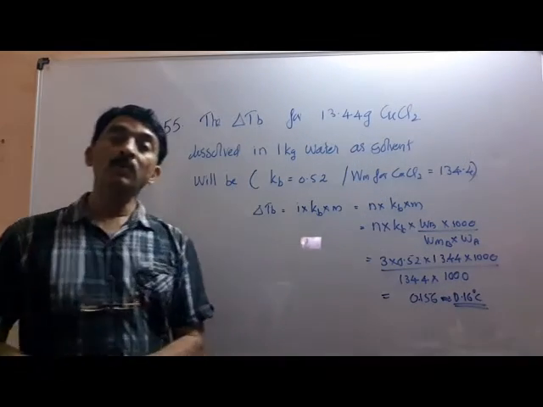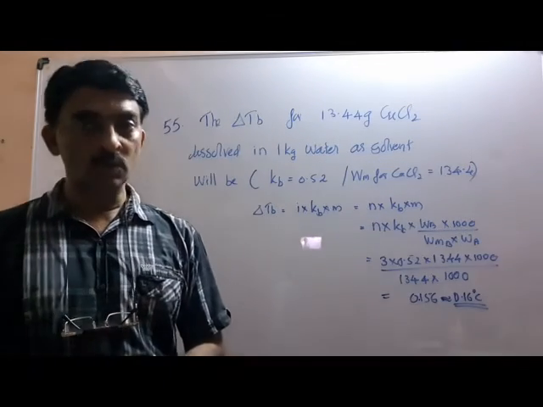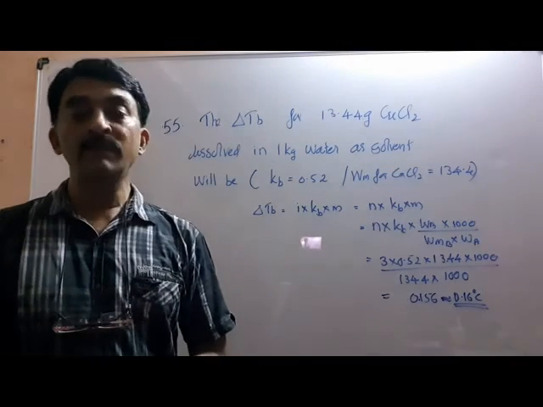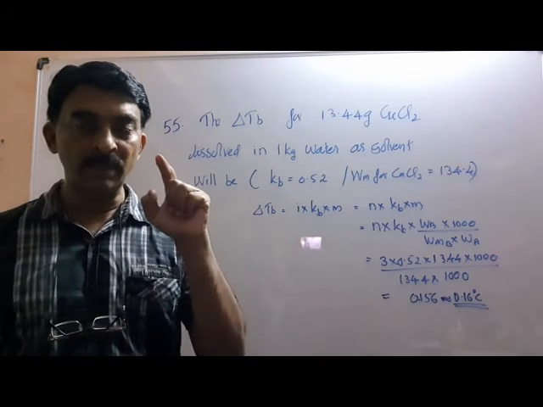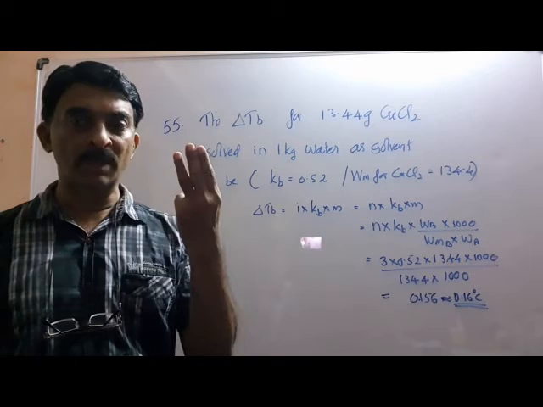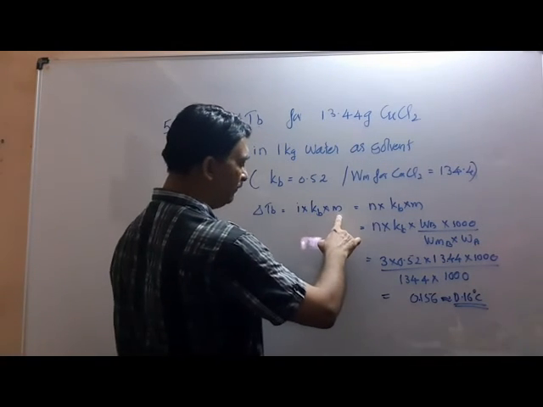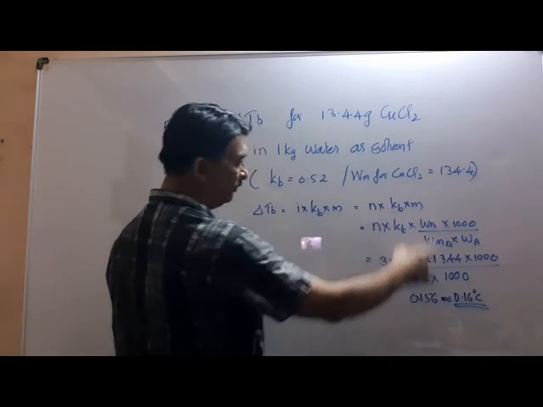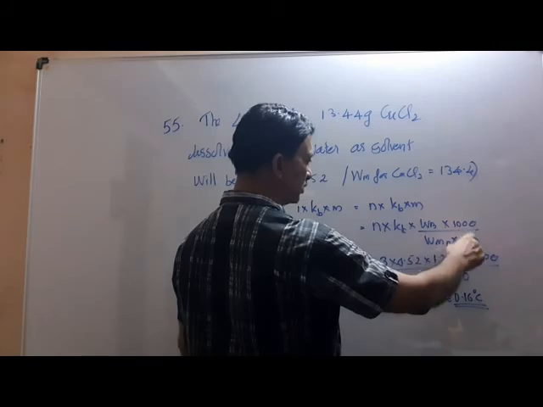Here we have to take that copper chloride, cupric chloride, CuCl2, is a strong electrolyte which will ionize producing 3 ions. So Van't Hoff factor i is equal to n, the maximum number of particles, 3. So delta Tb is equal to i into Kb into m, which is equal to n into Kb into m. Now we have to expand the term m as Wb by Wmb into 1000 by Wa.